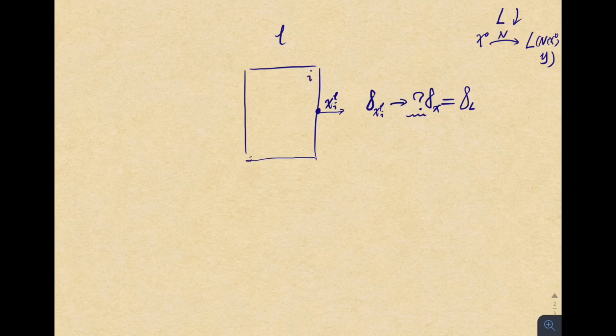This is of course, in mathematical terms, the partial derivative of the target value L with respect to the output of this neuron. Let's write the partial derivative in a short form.